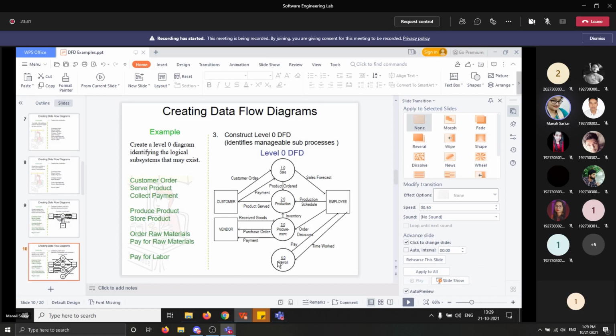Now, the customer is ordering, the customer is paying, and the sales is redirecting after getting the product ordered; it is moving to the production. That is 2.0, and it is also moving the sales forecast to the employee.